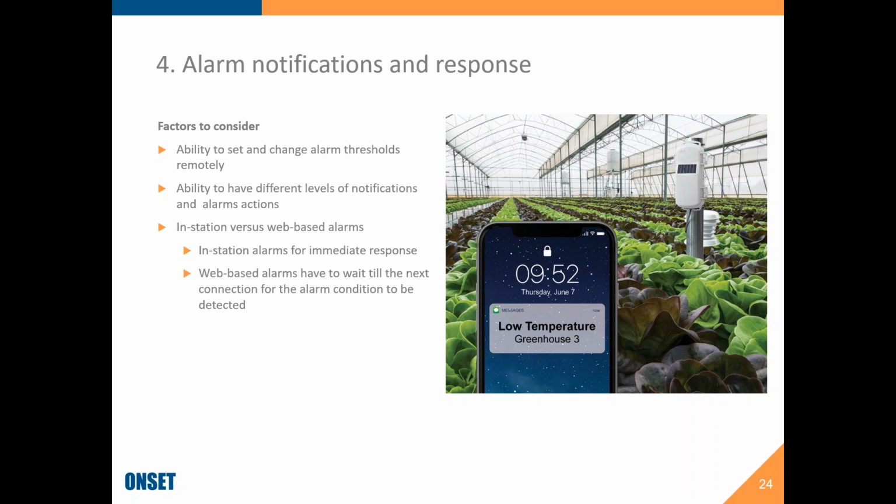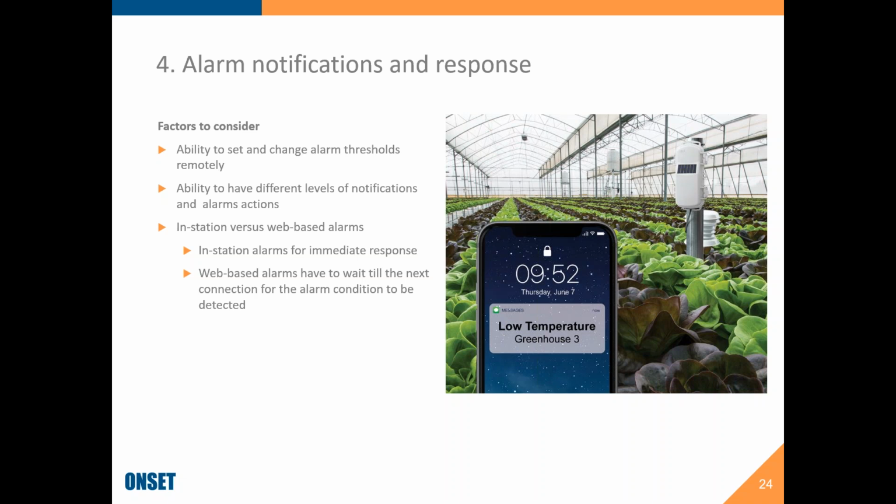Another factor is in-station alarms versus web-based alarms. In-station alarms are basically checking the alarms every time the station takes a new reading, or the sensors take new readings. It's checking those alarms there in the field and can make an immediate connection to the web to let you know that you're in an alarm condition.